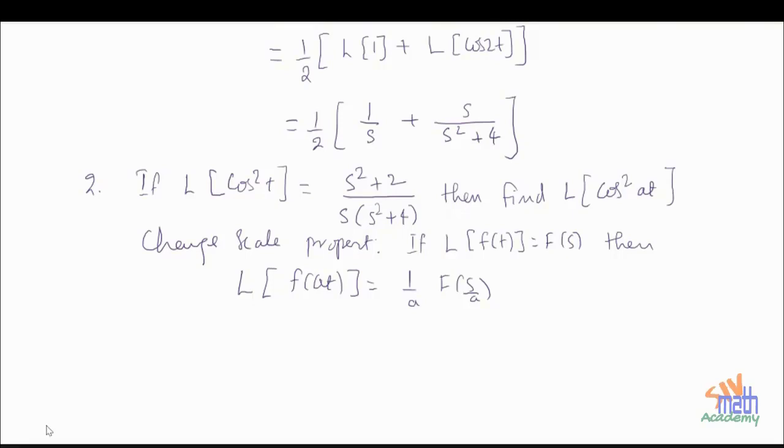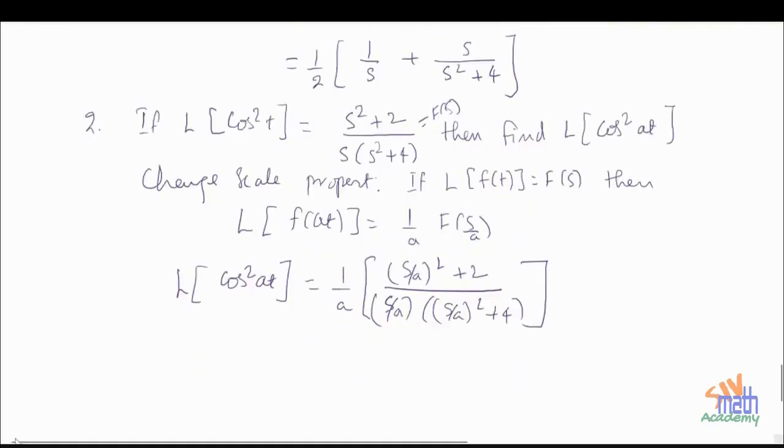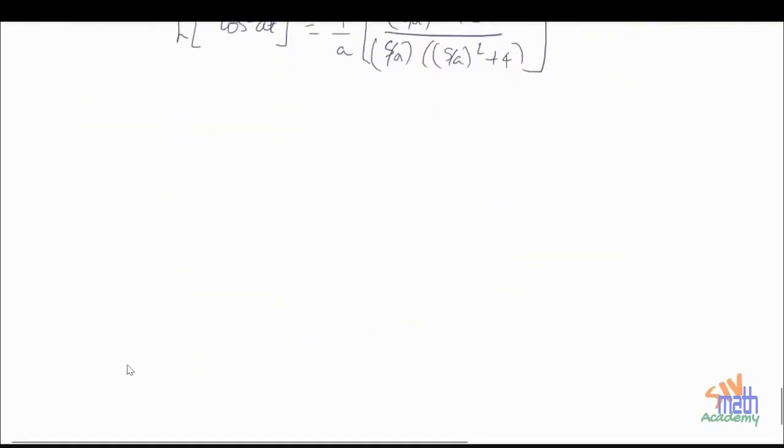So accordingly, L of cos square at is equal to 1 by a. So this is your f of s, no? So replace wherever s is there by s by a, correct? Whole square plus 2 upon s by a into s by a whole square plus 4. And you can simplify this to get the final answer. That's all. So this is how you can apply the change of scale property.